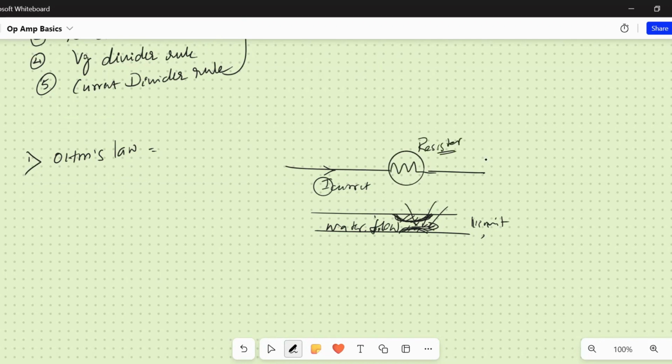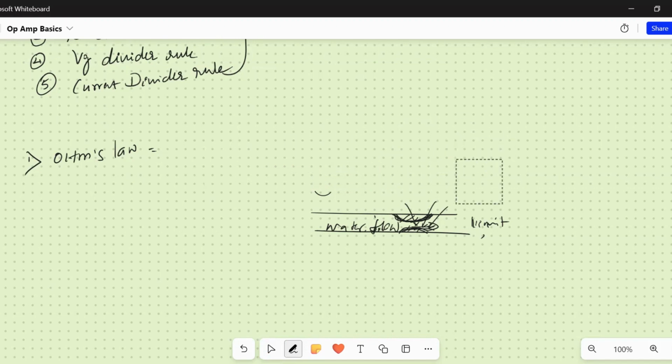Let us understand its function. This resistor's job is basically like a gatekeeper. It tries to oppose the flow of the current. Different resistance values oppose the current accordingly. So what we need to understand is that the resistance is mainly there to oppose the flow of the current.